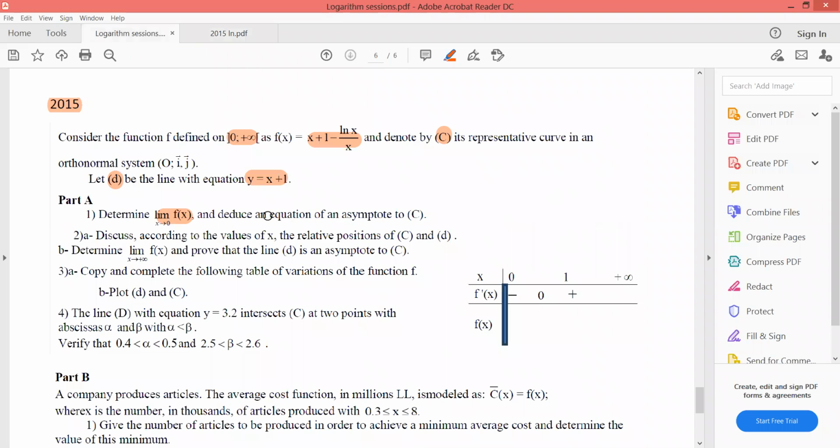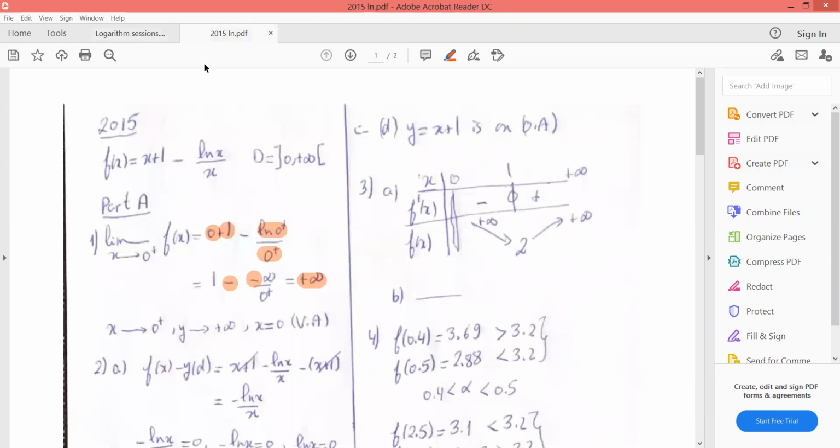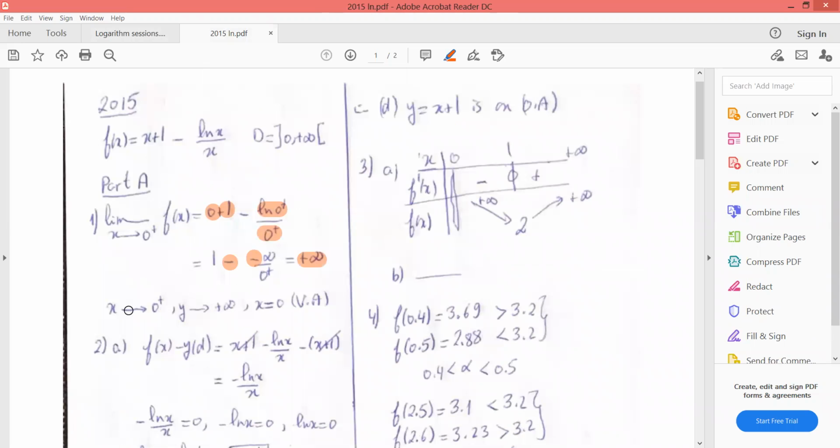And deduce an equation of the asymptote. What would be the equation of the asymptote here? X tends to 0, y tends to plus infinity, x equals 0, vertical asymptote. Okay. Are you writing this? Yes.